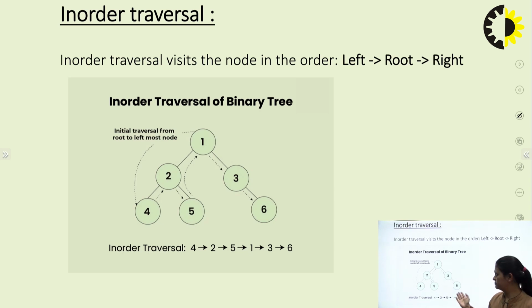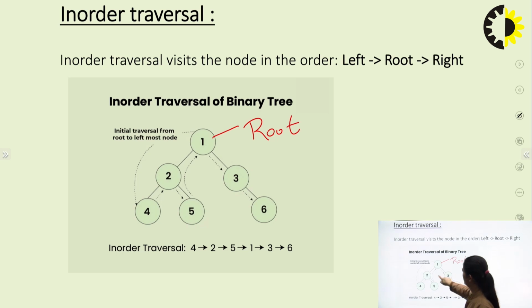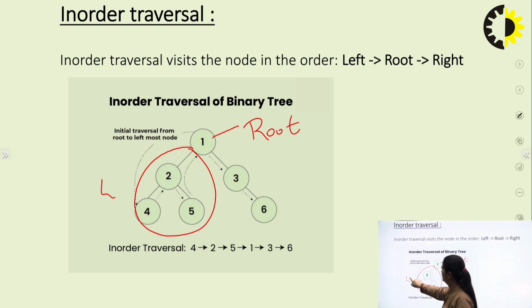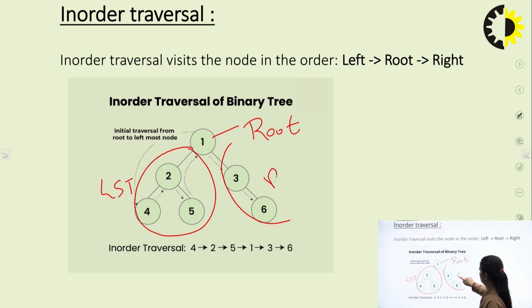This is the graph which shows the in-order traversal of a binary tree. This is the root node, this is the left subtree, and this is the right subtree of the root.